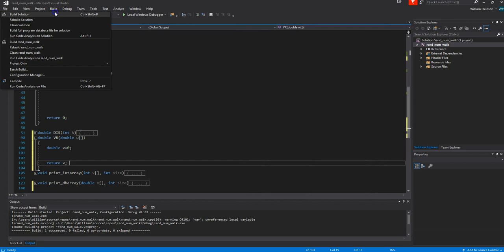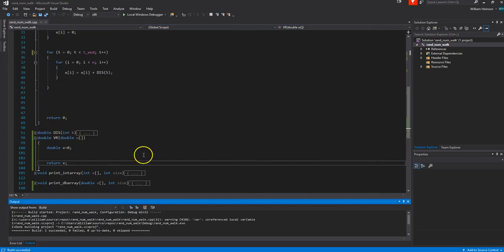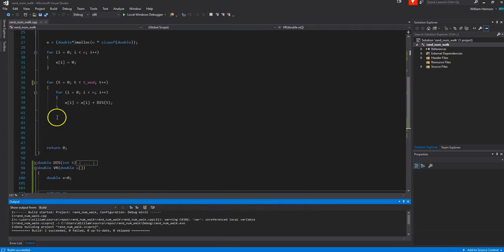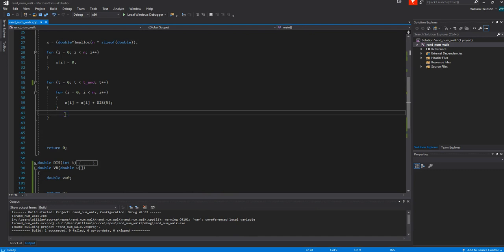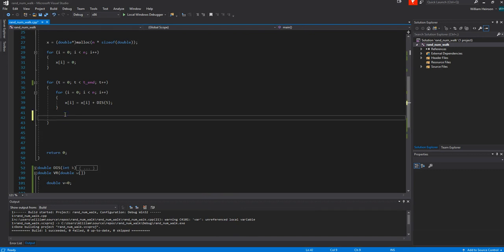We haven't quite coded this, but we can still use it here. How are we going to use it? We're going to say the variance at time t equals VR, and we input x.